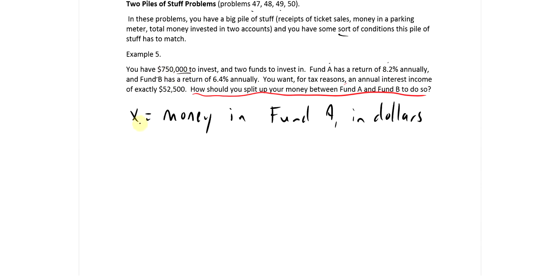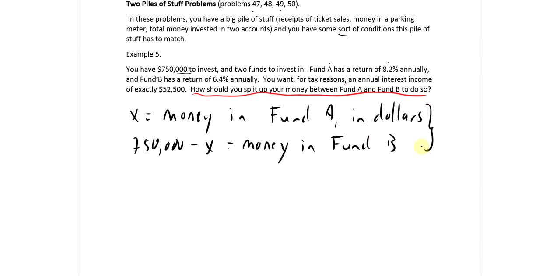So, in Fund B, I have $750,000 minus X. And this is how I always start every word problem. I declare my variables. X equals this, and then you write it out in a sentence. And that's the money in Fund B.